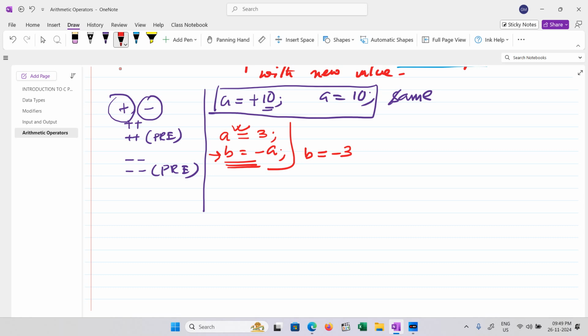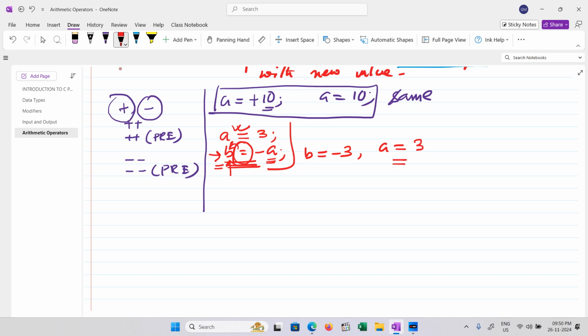But A remains unchanged, A remains positive 3, because remember the value will change only for that operand when we use the assignment operator. Here we did not use the assignment operator with A, we used it with B. So always the left hand side part of the assignment operator will update. So this is unary minus.